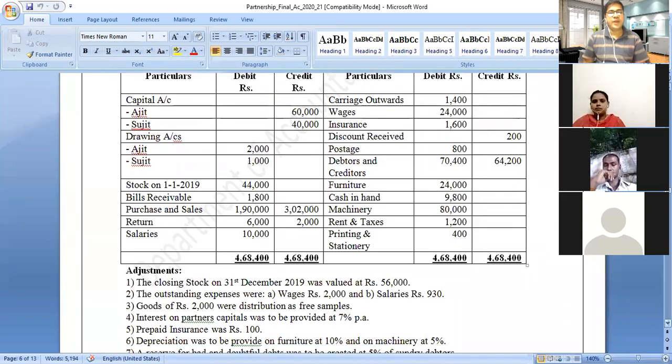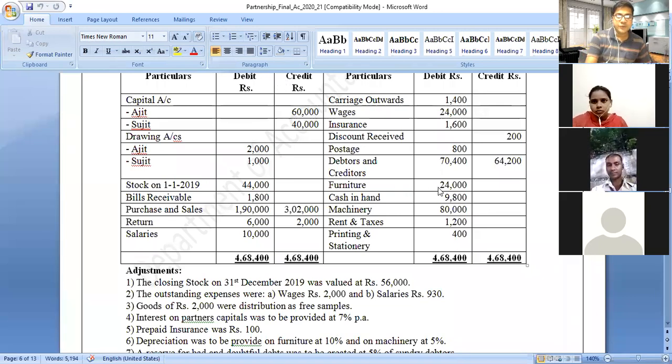Depreciation was to be provided on furniture at 10% and on machinery at 5%. Now, what are the two effects of the depreciation? Balance sheet asset side will be less, and profit and loss account debit side will be added. First of all, we have to calculate the furniture depreciation and machinery depreciation.